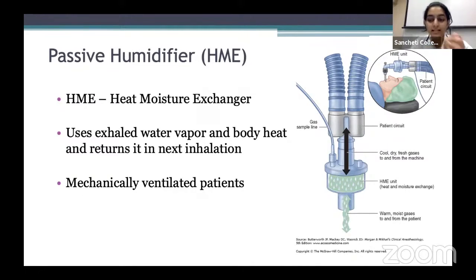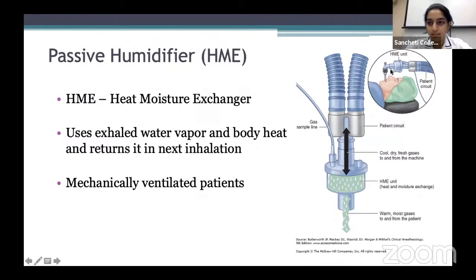And then when the next breath goes inside the patient, it's going to pick up that heat and moisture and give it back to the patient. Okay. So this is most commonly used in a ventilator circuit. Patients who are on mechanical ventilators will have this kind of a device in the circuit.